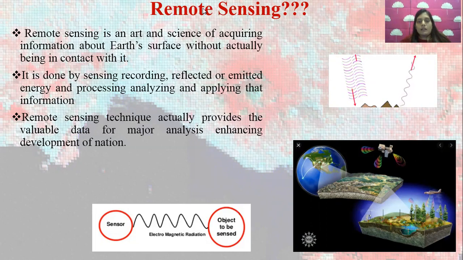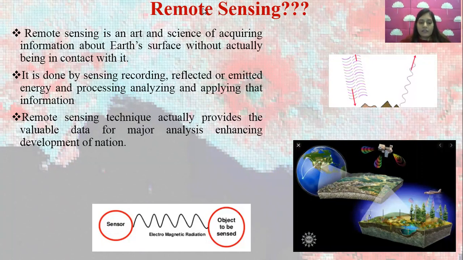So technically, I have even shown the image. You can see in one circle there is a sensor, in the other circle the object to be sensed, and you can see the sensor and object are connected by some radiation, some waves, some light, or some other way, or frequency or wavelength. What is that known as? Electromagnetic radiation. Students, you have heard about electromagnetic radiation in your high schools, right?